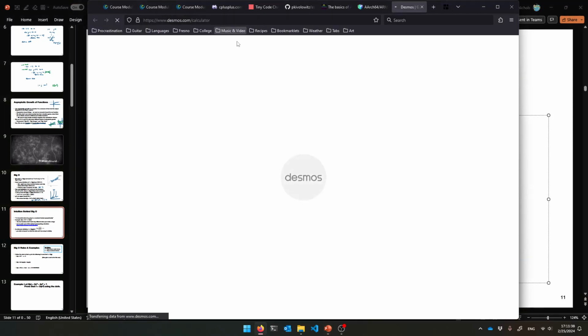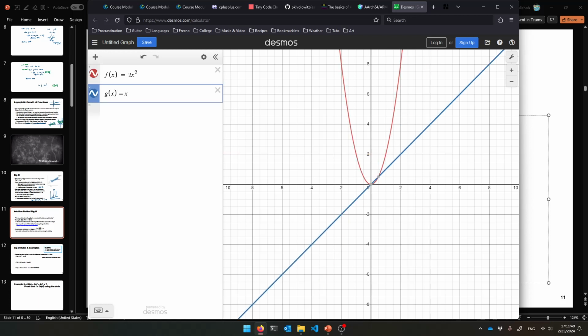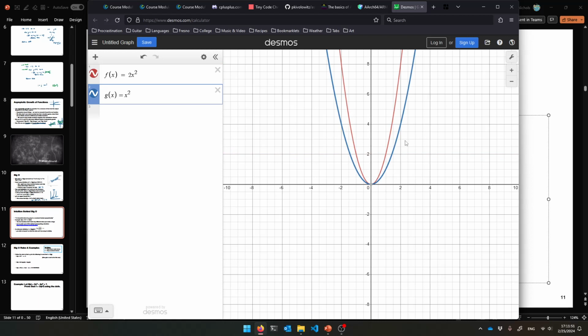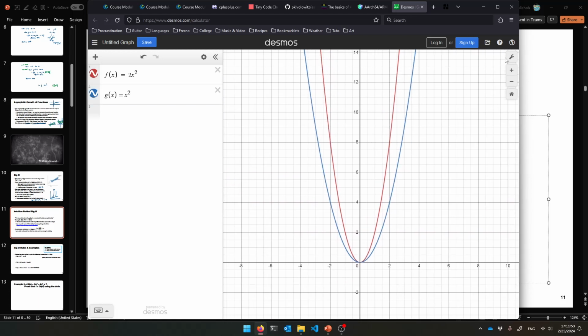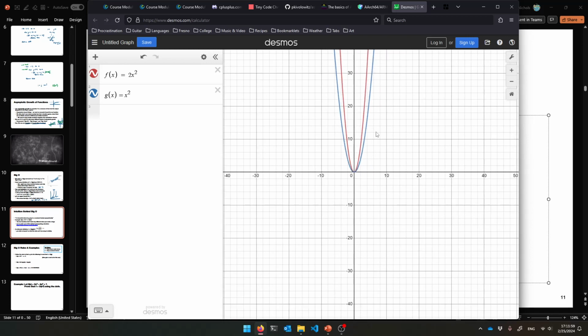So here's a graphing calculator. We can say f of x equals 2x squared, and then we'll have g of x equal to just x squared.